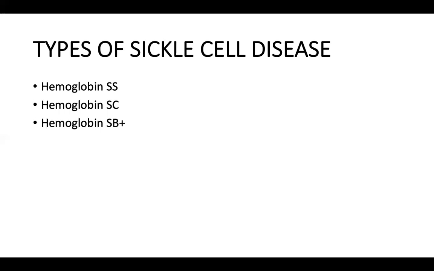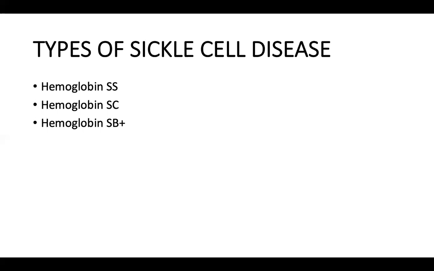And then the next type of sickle cell disease is sickle beta thal. What you will see on the hemoglobin electrophoresis, not the sickle dex, is hemoglobin S, then you will see A2 increased and F increased.